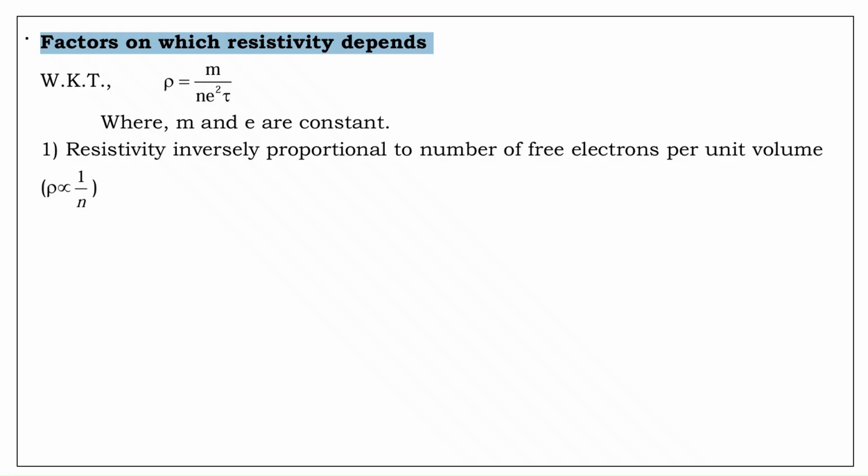Factors on which resistivity depends. We know that rho is equal to M by Ne square tau, where M and E are constant. Therefore, 1. Resistivity is inversely proportional to number of free electrons per unit volume. That is, rho is proportional to 1 by N. 2.